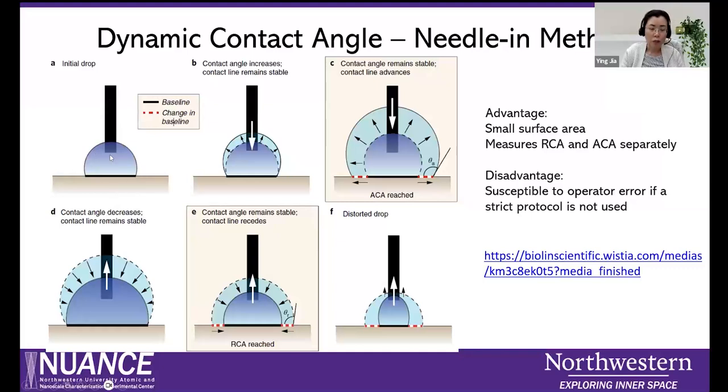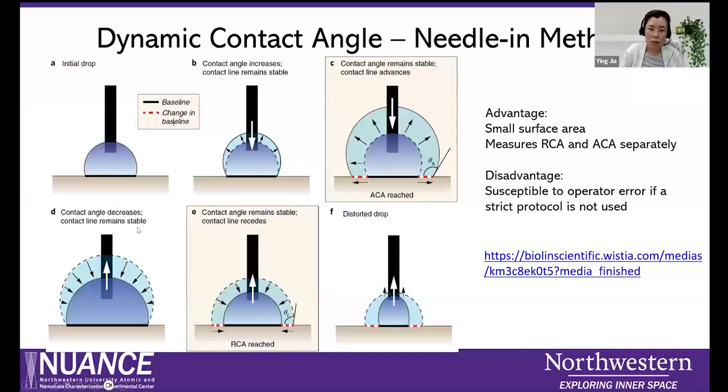You keep the needle inserted in the droplet and fill in more liquid, and the droplet grows. At the beginning the contact point is pinned on the surface, but at some volume it will not hold anymore and the front moves away. At the sliding point, the maximum contact angle it can achieve is the advancing contact angle.